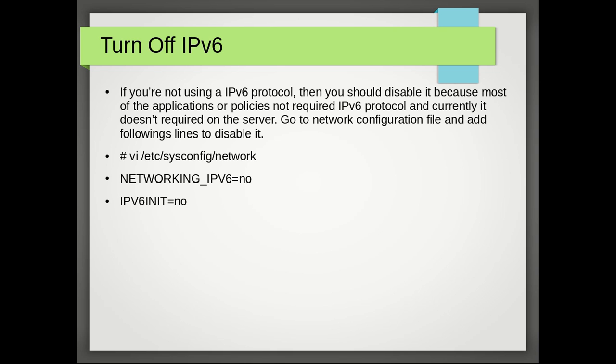Go to the network configuration file and add the following lines to disable it, using vi /etc/sysconfig/network, where you can add these two lines: NETWORKING_IPV6=no, IPV6INIT=no.